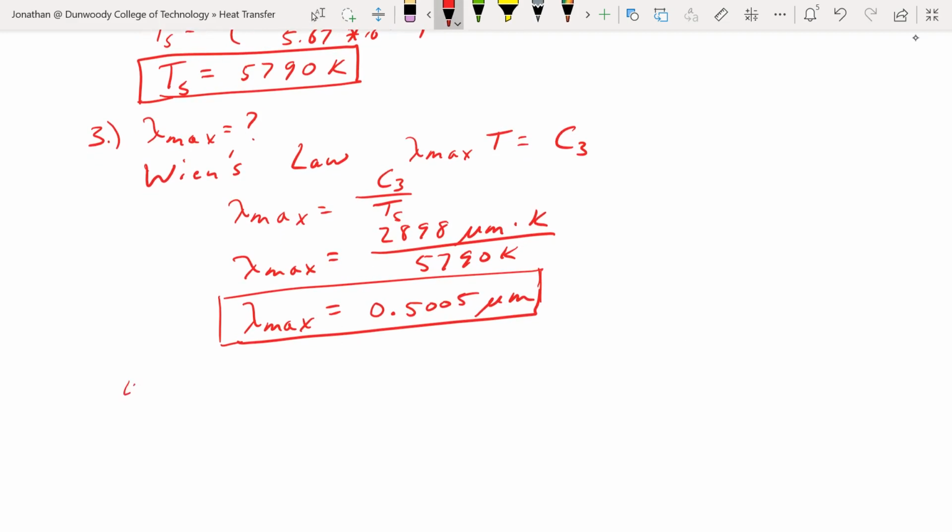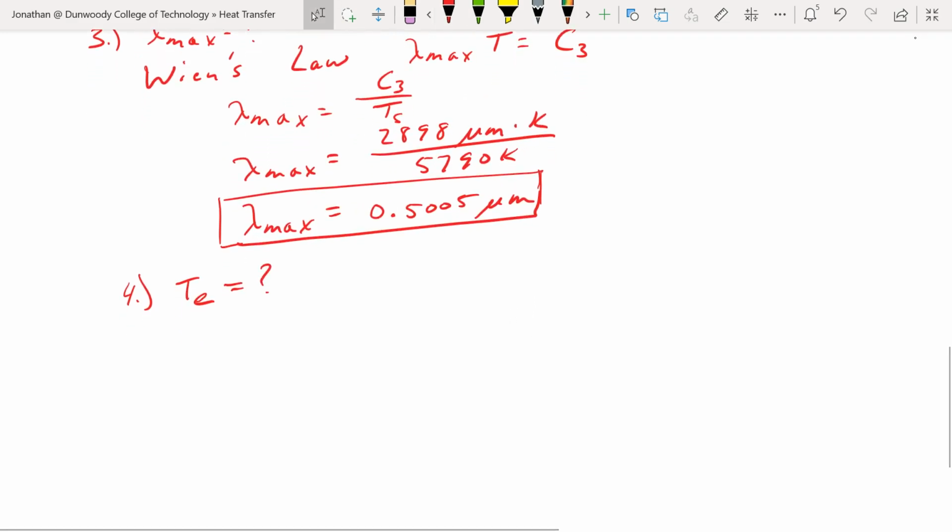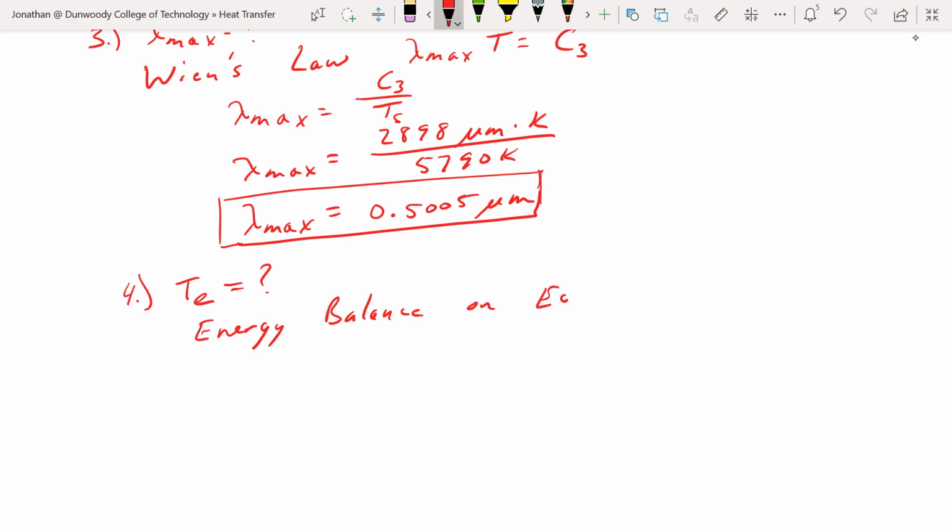Last, T Earth. So we're going to have to do some energy balance. I hinted at that earlier. On Earth, what do we have? So we have what we have receiving, what we have going out. Let's do that.